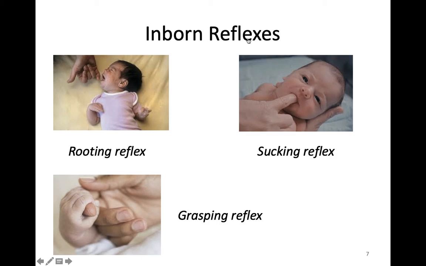And then a third inborn innate ability, this reflex, is a grasping reflex. So if you touch an infant's palm, they'll automatically curl their fingers around the stroked area. And the idea that some scholars have is that this is a survival mechanism that persists from our prehistoric ancestors.